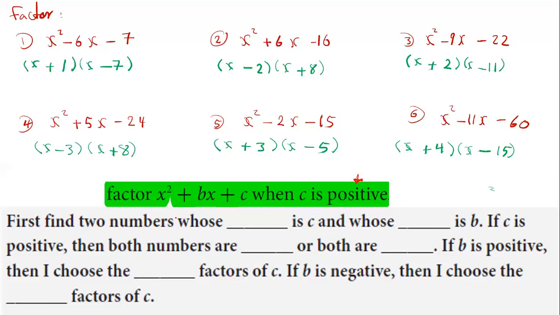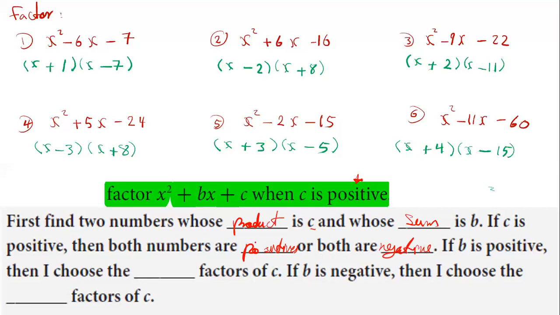C is positive, so we have to find two numbers whose product is C and whose sum is B. If C is positive, then both numbers are positive, or both numbers are negative.